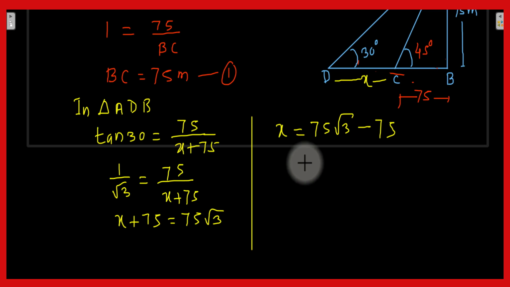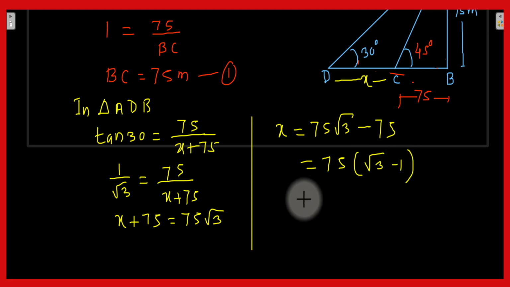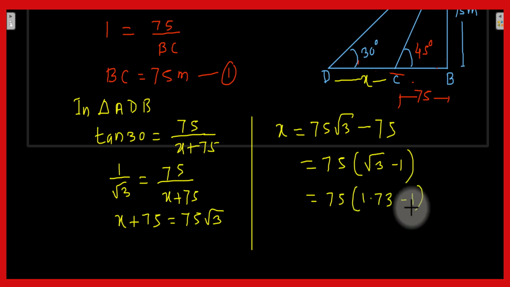So take 75 as a common factor, so it will be 75 into root 3 minus 1. If you put the value of root 3 as 1.73, then it will be 1.73 minus 1, that is 0.73.